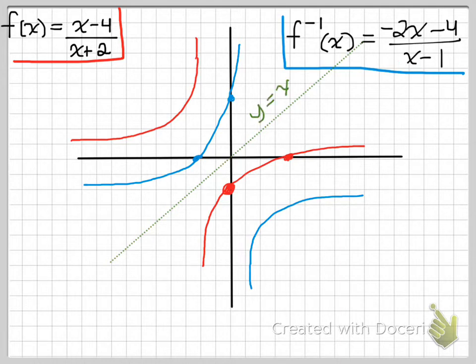Can you see how the two graphs are mirroring each other through that line? So here I'm looking at this red piece on the bottom, and then that's mirrored through the line y equals x to this blue piece. And then I'm looking at this blue piece on the bottom, and I'm looking at how that's mirrored through the line y equals x.